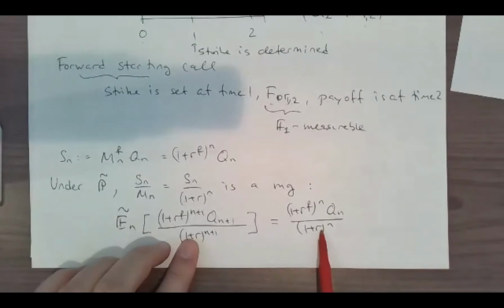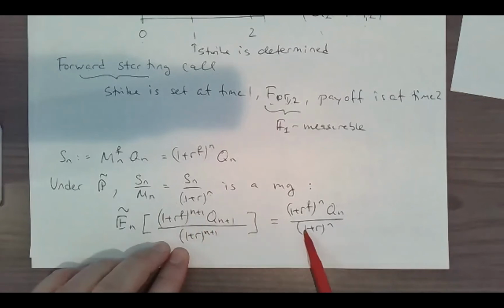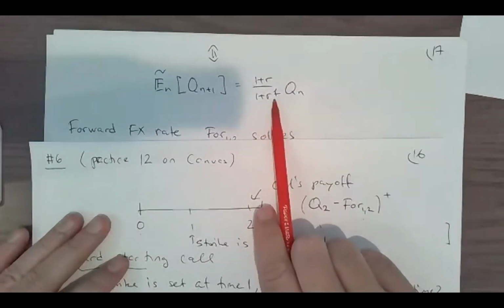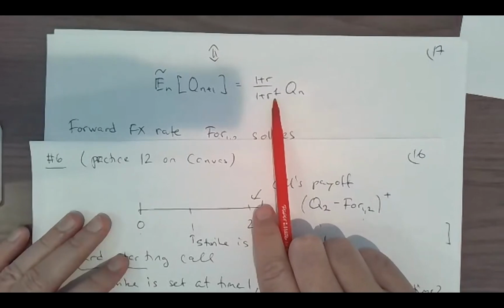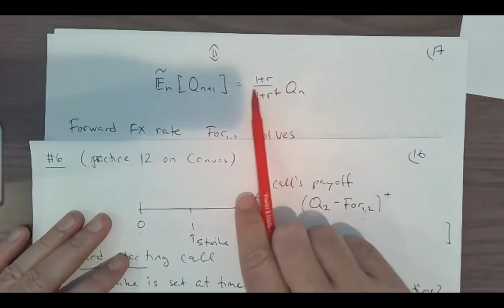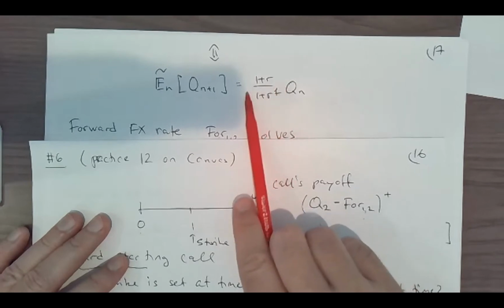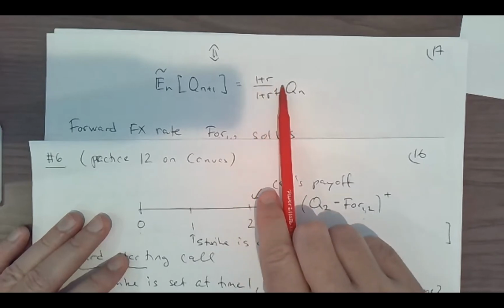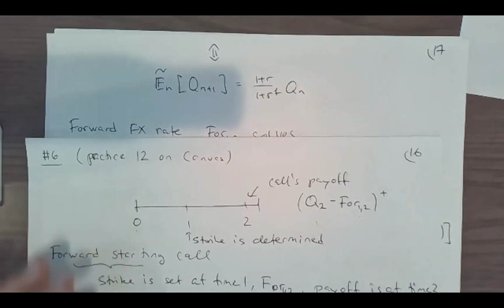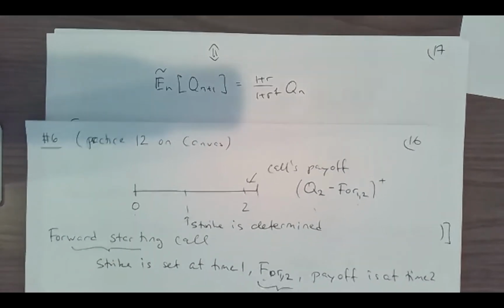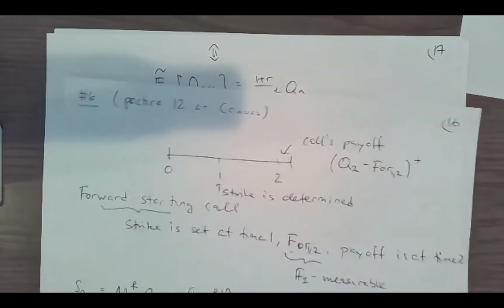From this equation, you move the bottom one to the other side, and you move the top one to the other side. So from this equation, you're going to get this one here. Okay, thank you. Right, and here this is RF downstairs. Okay. Other questions?